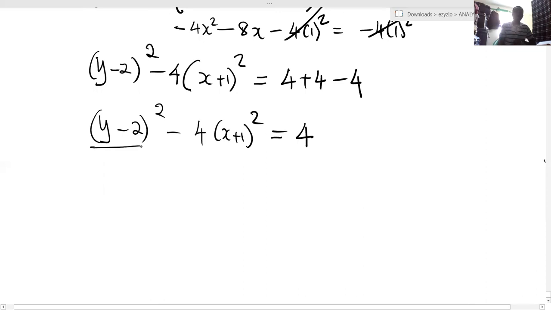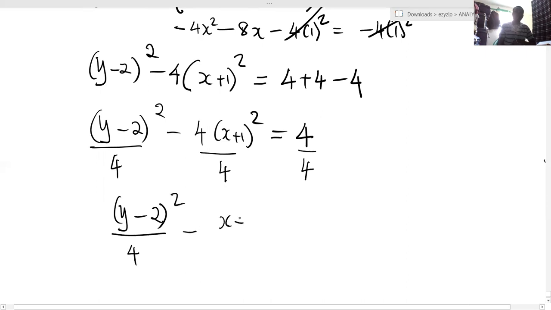Then I divide through by 4, by 4, by 4. So I have y minus 2 squared over 4 minus x plus 1 squared over 1 equals 1.